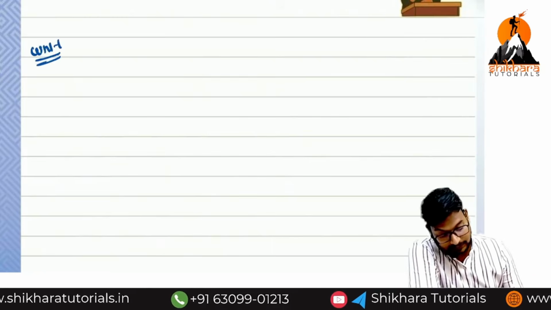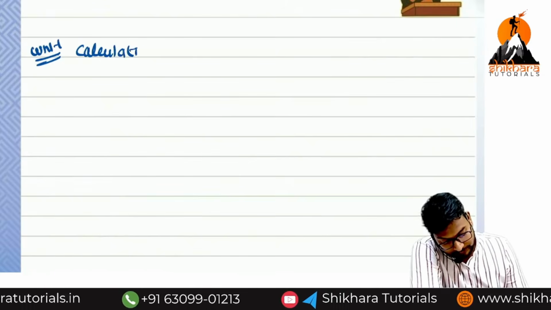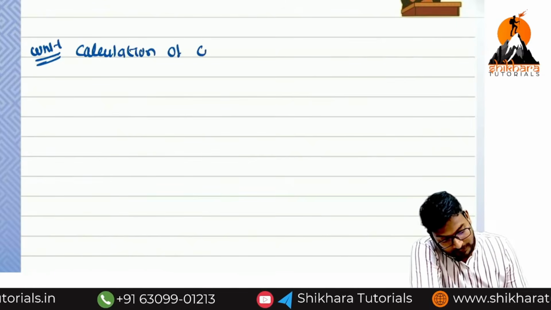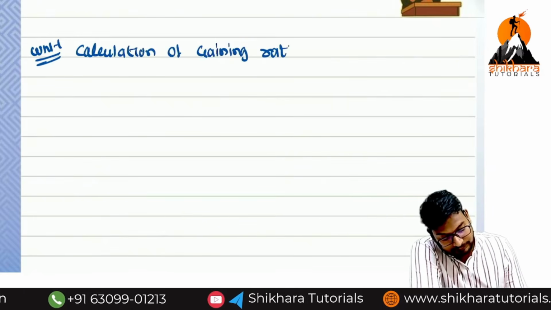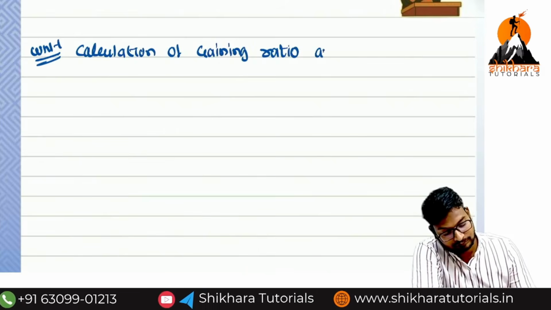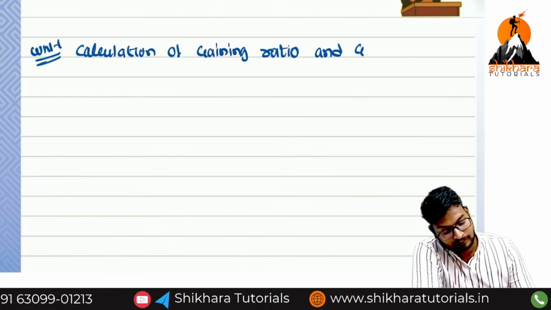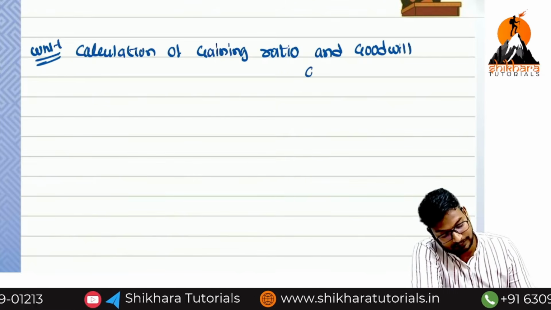Working note number 1, calculation of gaining ratio. What we need to calculate, Amma? Gaining ratio and goodwill adjustment.